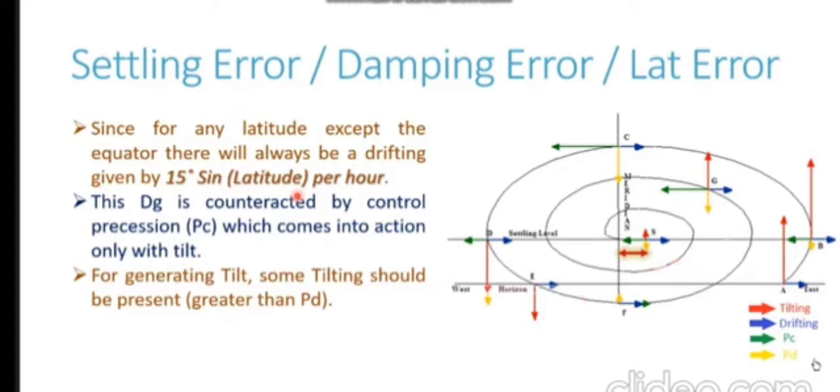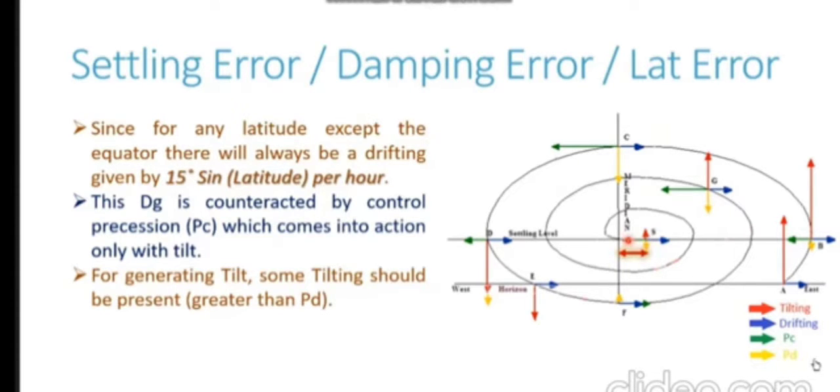Now we have to counteract or cancel this drifting by control precession. As you can see, the drifting in this diagram is acting in the easterly direction because we are in the northern hemisphere. The drifting direction is easterly in the northern hemisphere. So we have to cancel or counteract it using the control precession.